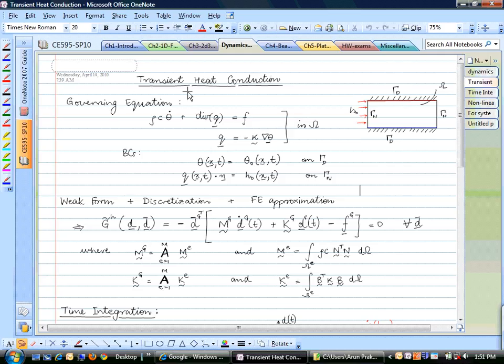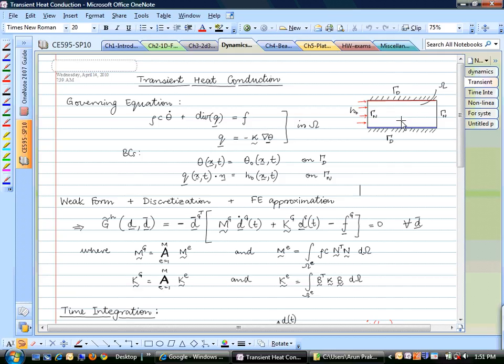This problem is of transient heat conduction, and this also we have done before, except that what we had before was just this term. The divergence of the heat flux vector is equal to the heat source at every point in the domain.